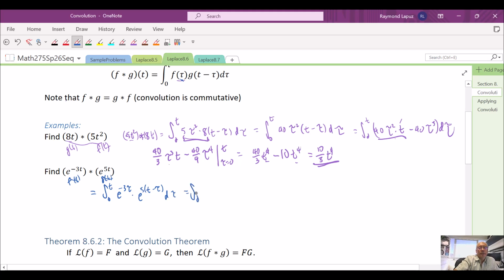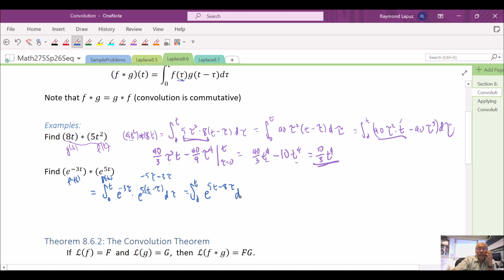And so we're going to integrate this from 0 to t. I think I can combine this. I add them, so this is just one exponential function. I have a 5t, and then a minus 5 tau, and then I'm going to combine it with a minus 3 tau. So I think that's a minus 8 tau.